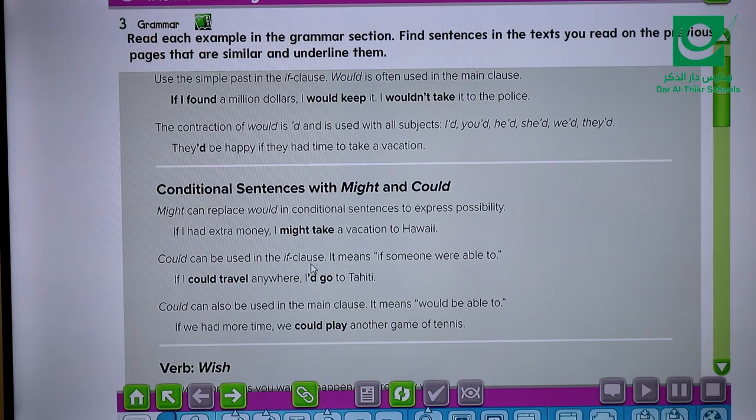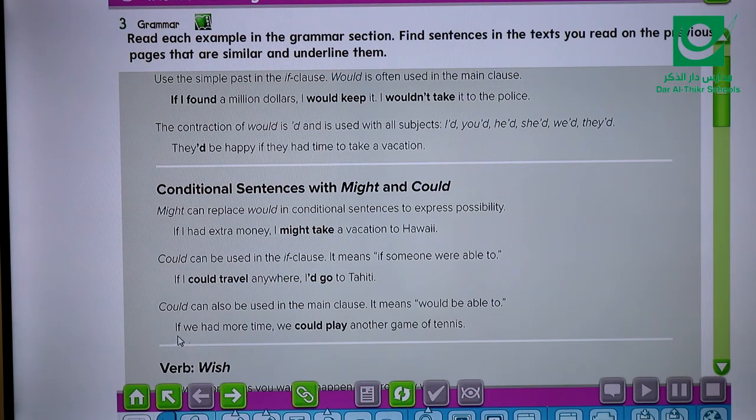In this situation, could has to be in the place of the past simple form. So I said, for example, if I could travel anywhere, I would go to Tahiti. Could can also be used in the main clause. It means would be able to.